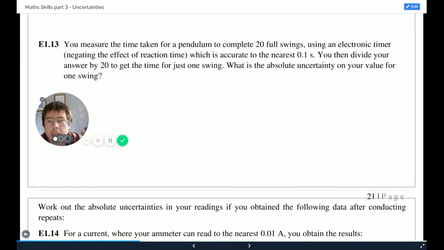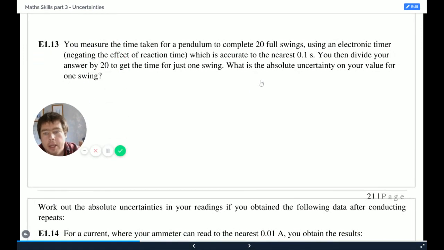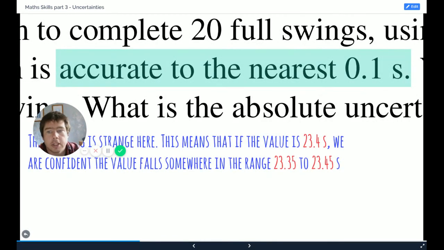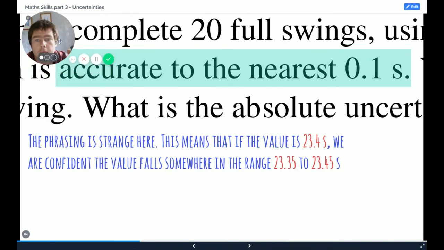The wording on this question here is a little bit weird, and it's the same throughout the ISO physics questions on uncertainties. So it says that we've got here a stopwatch which is accurate to the nearest 0.1 seconds. So what that means is that it's an uncertainty of plus or minus 0.05.